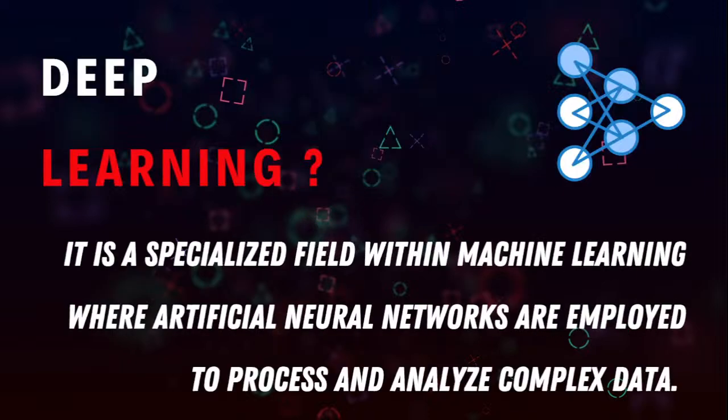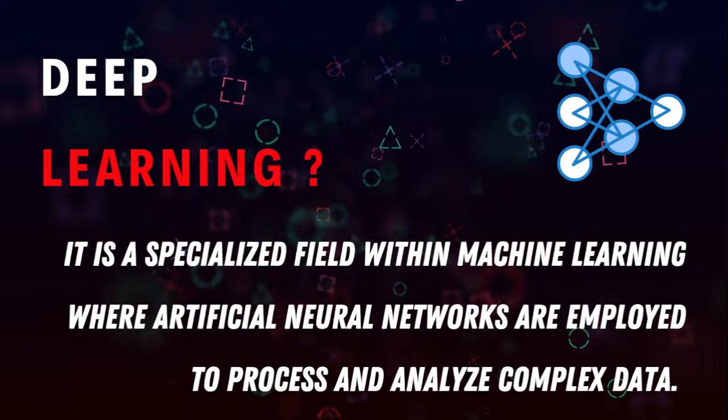And about deep learning, it is actually a specialized field within machine learning. It's like a part of machine learning, where in machine learning we used algorithms, right? They're predefined, so you have some limitations. You can just change some part of the hyperparameters only. But when you go for deep learning, you can build your own artificial neural networks.